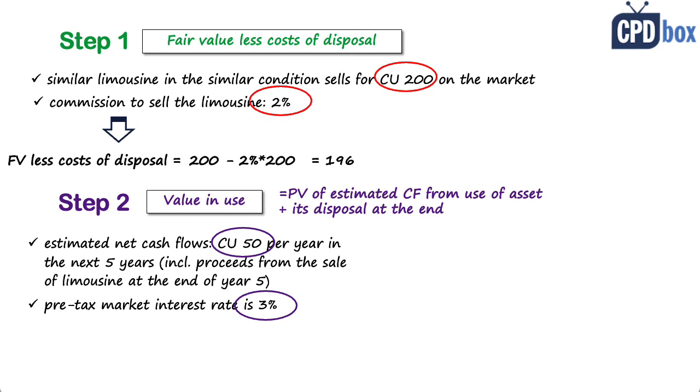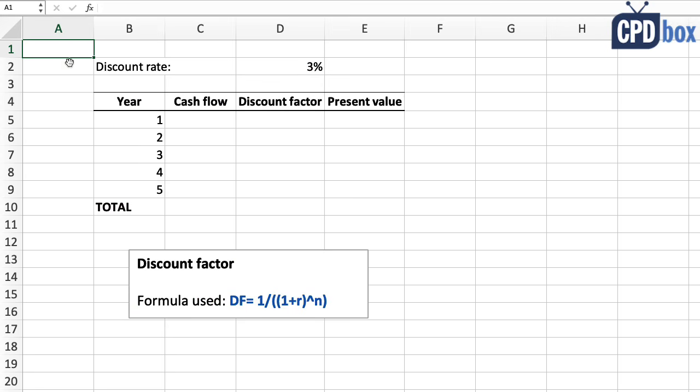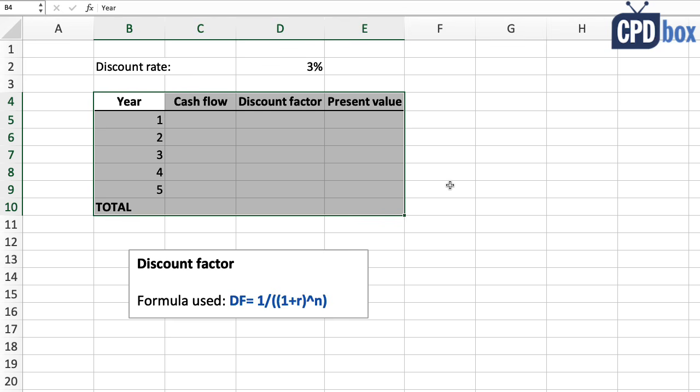So here we can calculate the value in use using this formula, but be careful because you can use this formula only if the cash flows are the same every year, which is mostly not the case. So let me show you the calculation in Excel that you can use anytime for any set of cash flows. So here I set up a simple table.